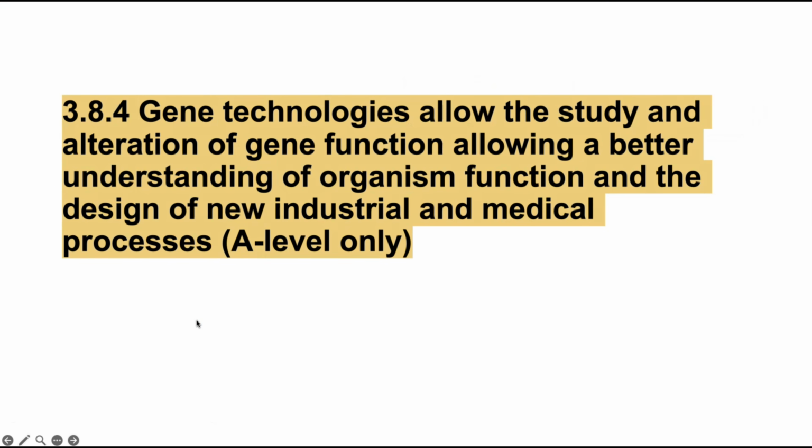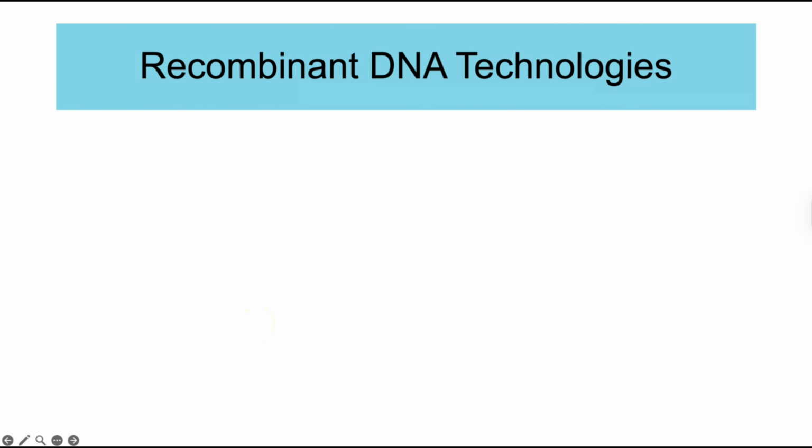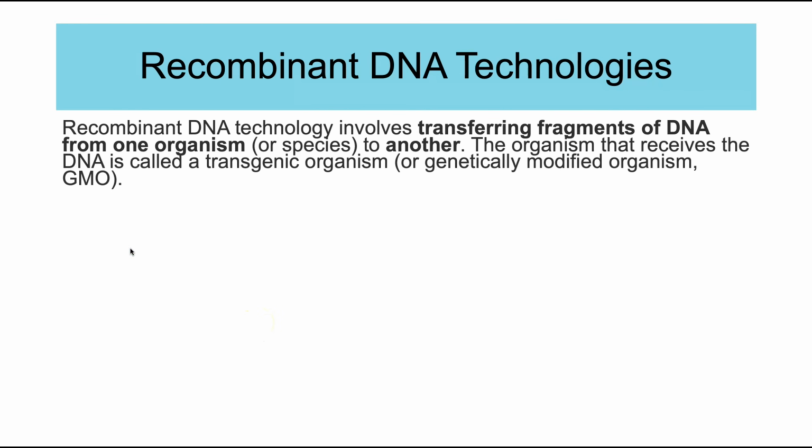We then move on to 3.8.4, gene technologies, and the title goes on, but it's basically what we all call gene technologies. So gene technologies involves recombinant DNA. And recombinant DNA means you're transferring fragments of DNA from one organism, or one species, into another organism's DNA or another species' DNA.